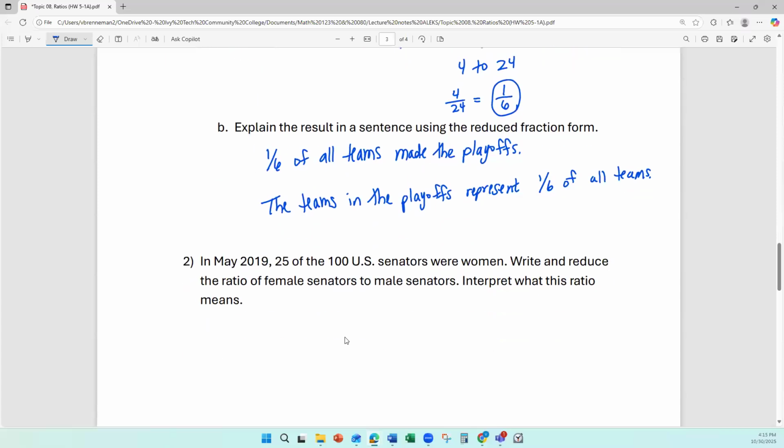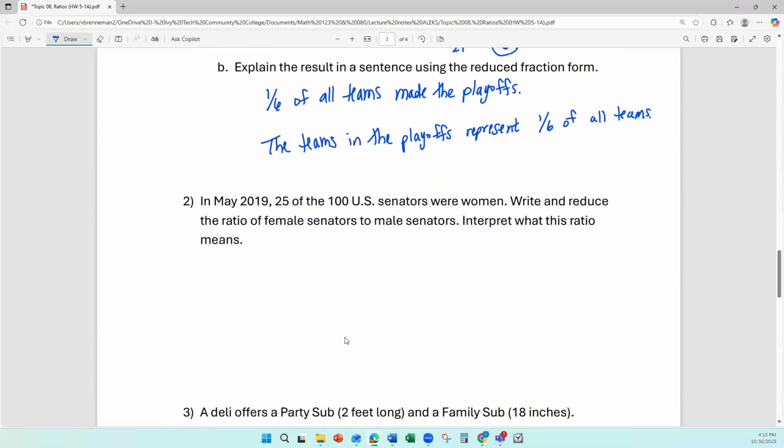Then number 2, we're looking at in May 2019, 25 of the 100 U.S. senators were women. And then we want the ratio of female senators to male senators. So I look back, I have 25 of the senators were women.